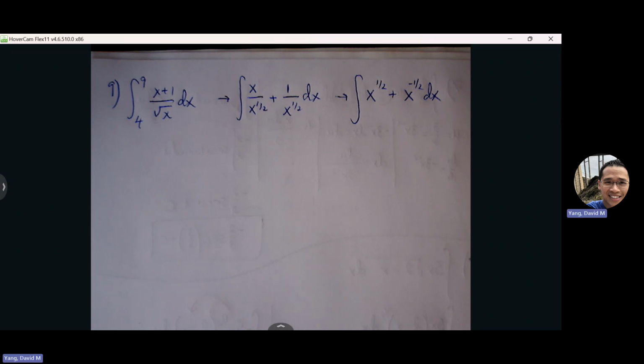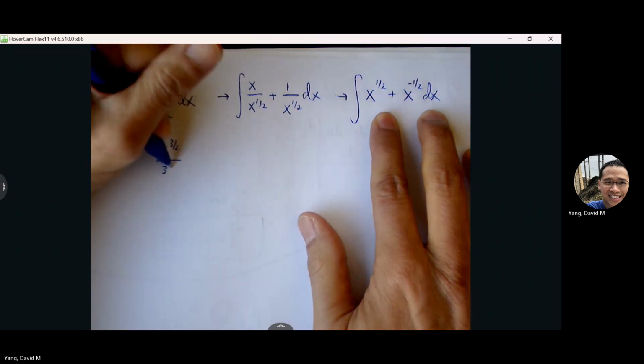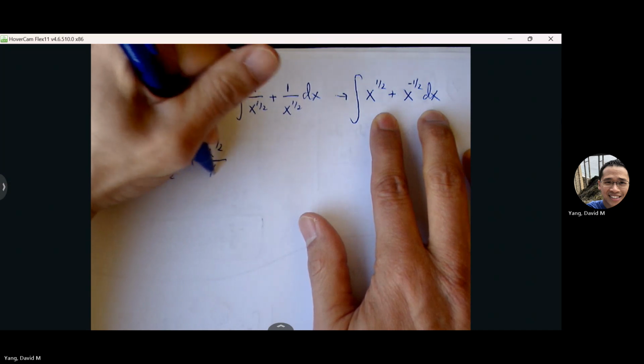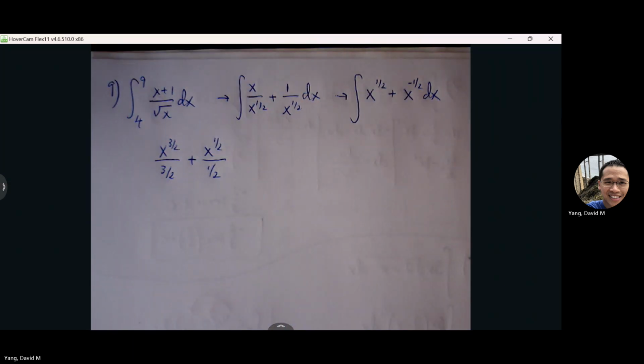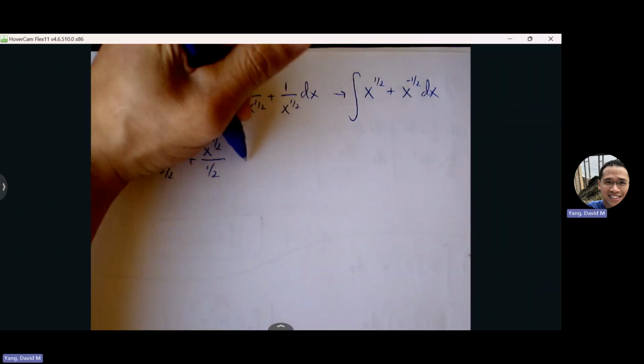Both terms are now ready for power rule. Get these denominators cleaned up.